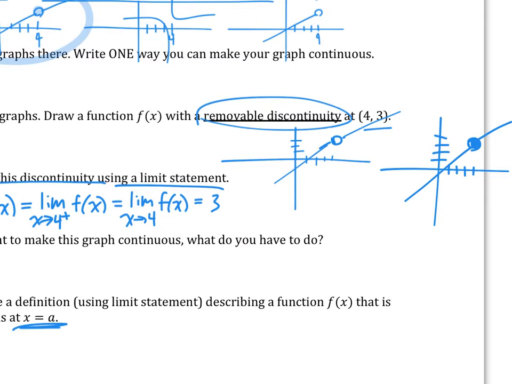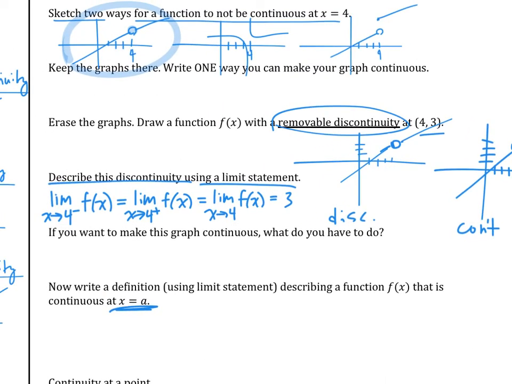Well, it's very clear that one has a filled hole, one doesn't, which means this one is continuous and this one is discontinuous. And so both of them would have the same limit statement, correct? Because both sides of the function going to 4 are going to 3.